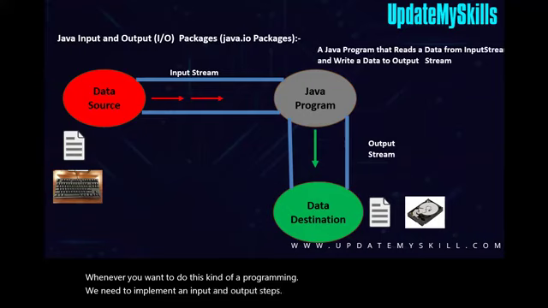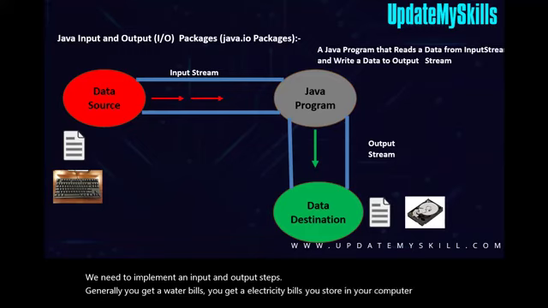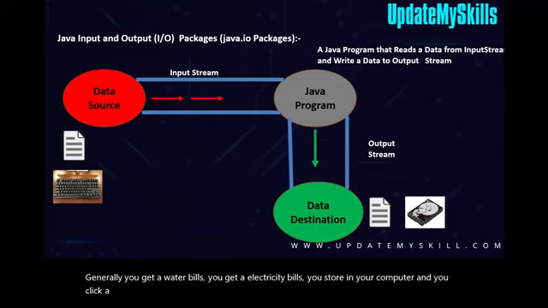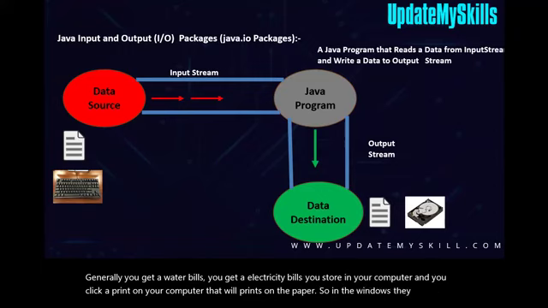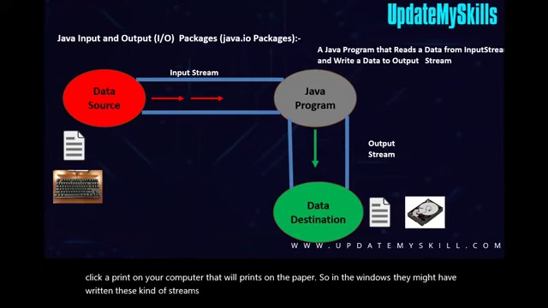Generally, you get water bills and electricity bills, you store them in your computer, and you click print on your computer and it prints on paper. So in Windows, they might have already written this kind of streams, and they are doing this kind of work for you all.